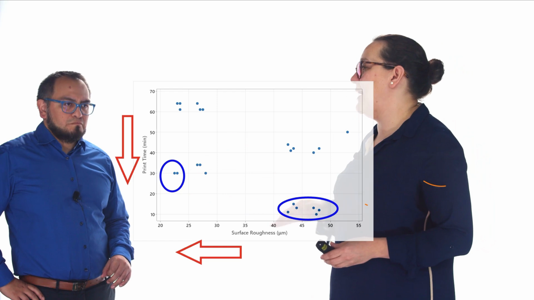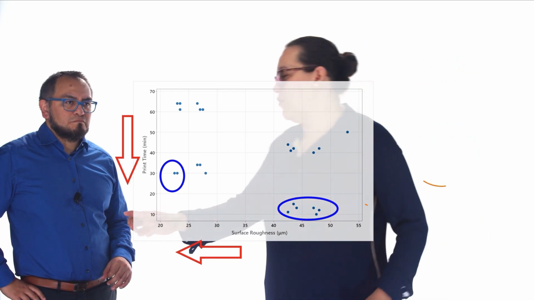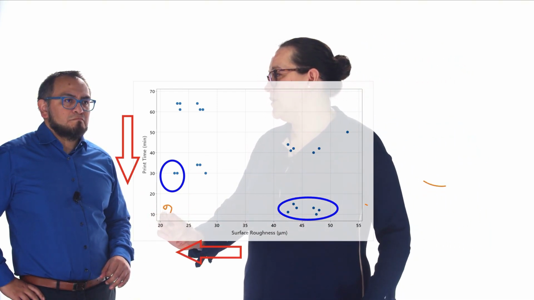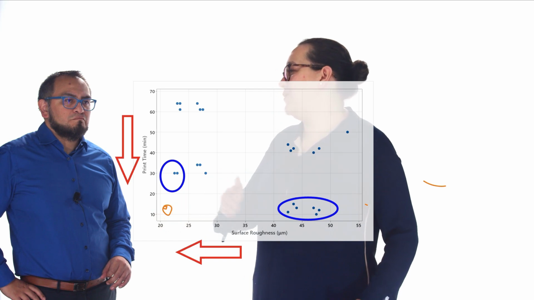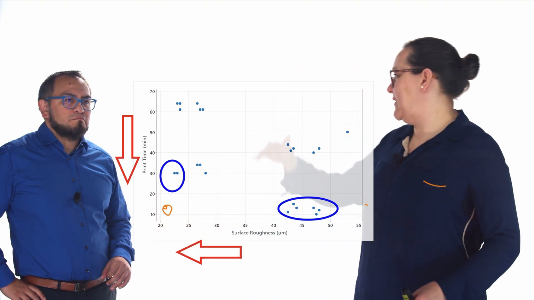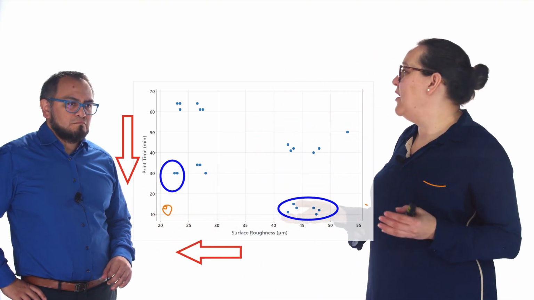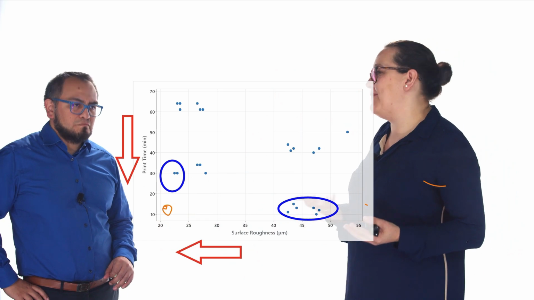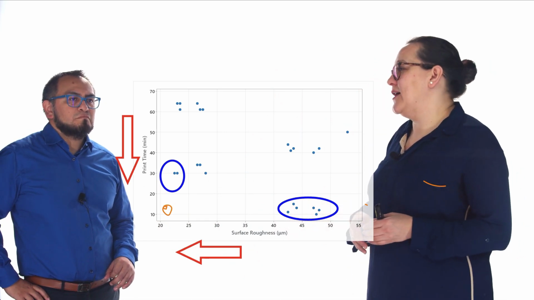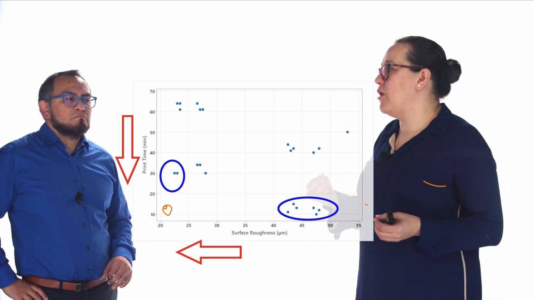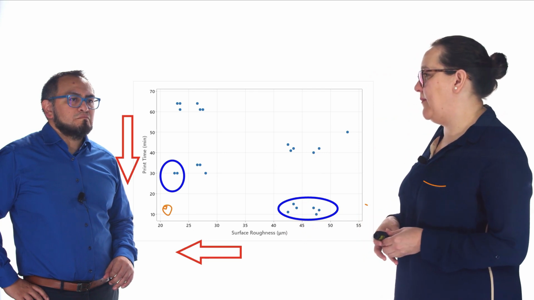It's more in the middle. So ideally, we would want a solution around here, that gives you the smallest surface roughness and the smallest print time. Unfortunately, we don't have those settings because of this compromise between the two.